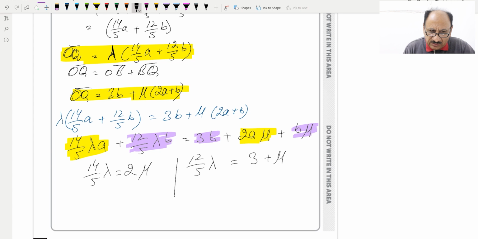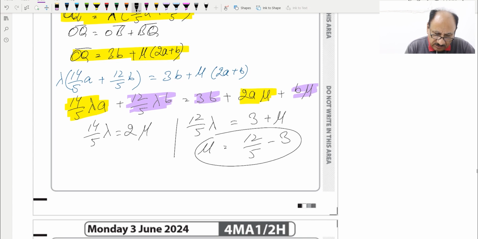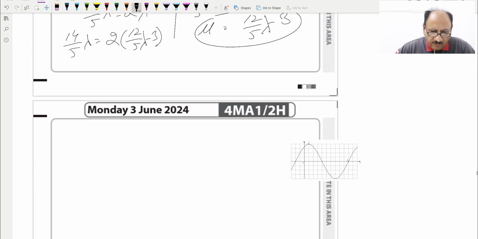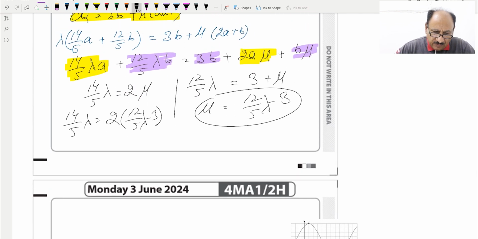We can write this as mu is equal to 12 by 5 lambda minus 3, and this value of mu we can write on the other side, which is 14 by 5 lambda is equal to 2 into 12 by 5 lambda minus 3, which is over here. 12 by 5 lambda, I missed over here. So 12 by 5 lambda minus 3, and further we can just simplify.